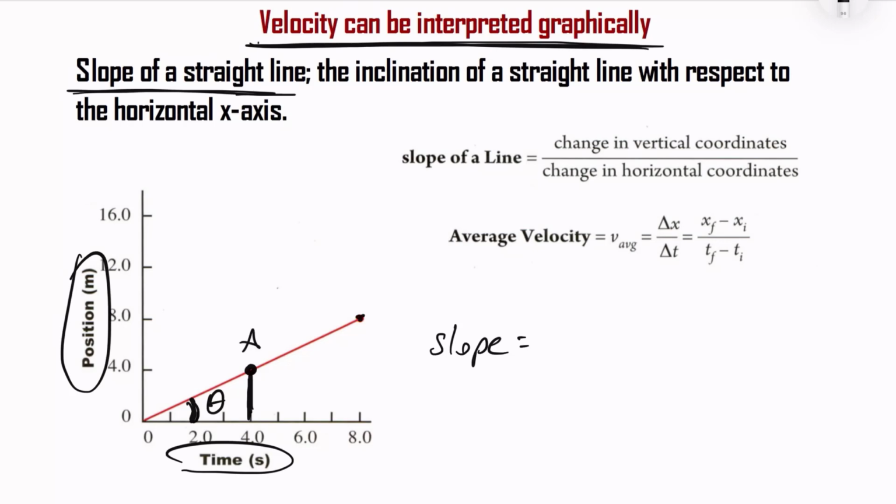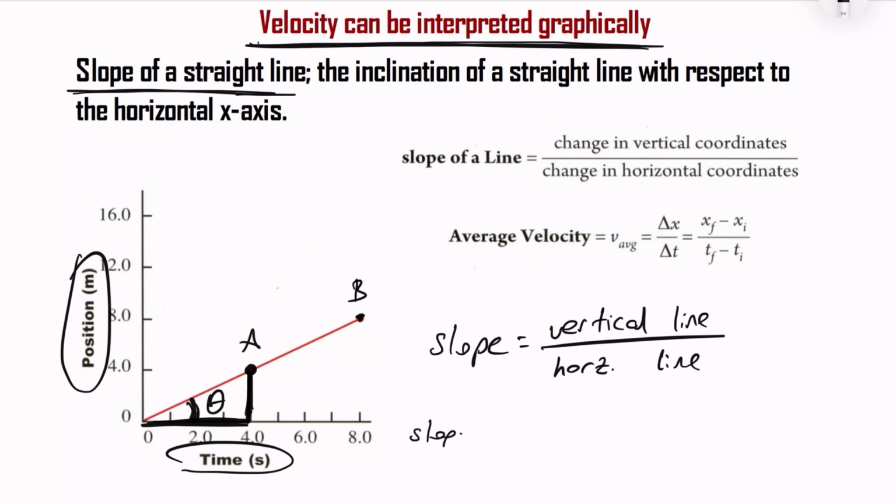If we are talking about point A, what is the opposite? It is the vertical line, over the adjacent, which is the horizontal line. According to this, if we calculate the slope, what is the vertical line?